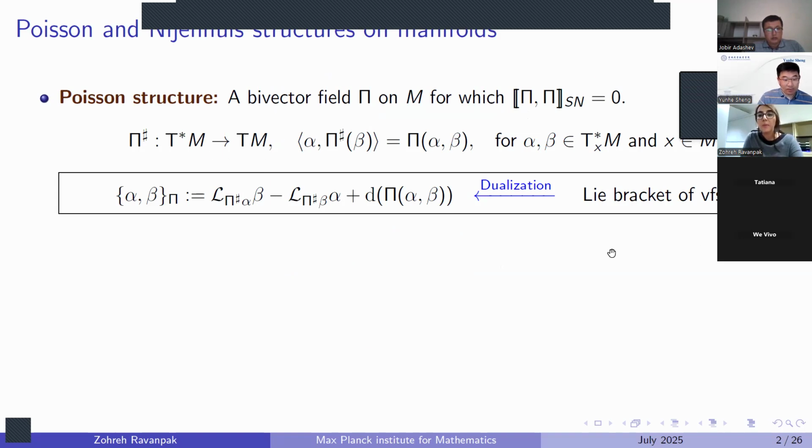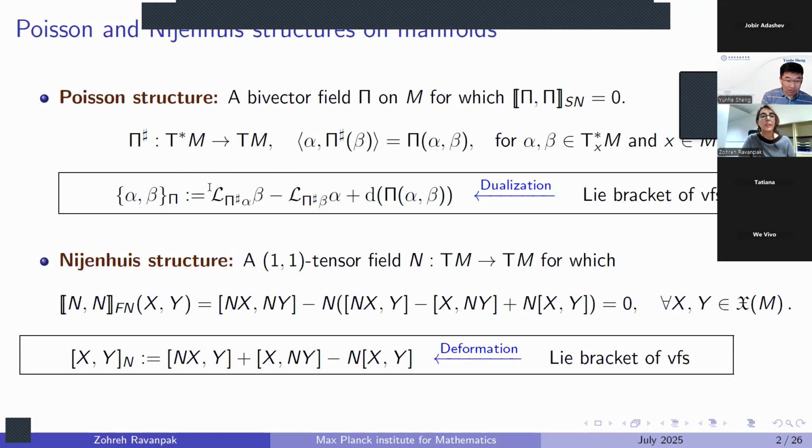Via this map, we can dualize the Lie bracket of vector fields on TM to a bracket defined on the space of differential forms of M. Since this is a Poisson bivector, this bracket really defines a Lie bracket, and the sharp map is a Lie algebra morphism.